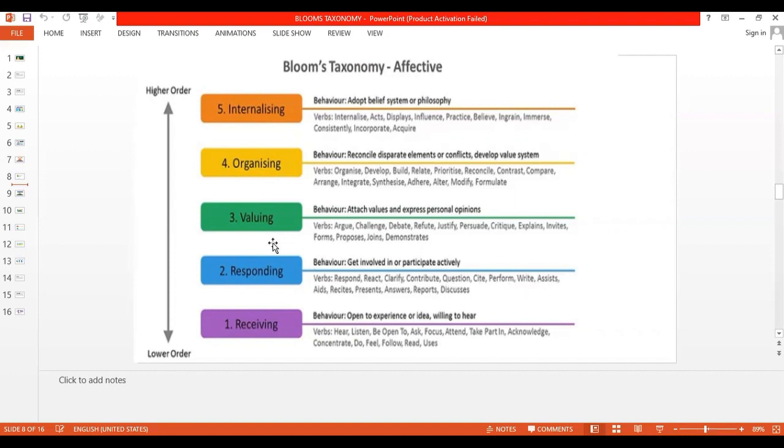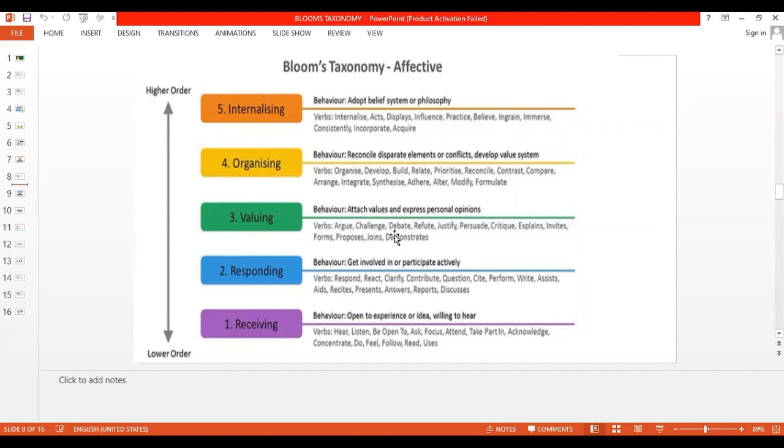Next is valuing. This involves the attachment of a value to the content, to an object, phenomenon, or a piece of information which they have gathered from the class. The student associates some values with the knowledge they have acquired.